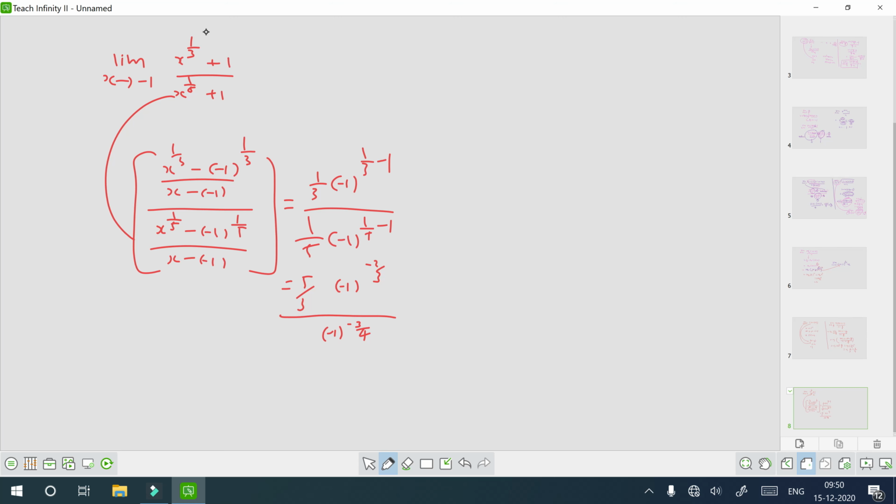So that is equal to 5 by 3 into (minus 1) raised to minus 2 by 3 plus 4 by 5. So 5 by 3 into minus 1 raised to, or, 1 by 5 minus 1, so that is not 3 by 4, but that is minus 4 by 5.